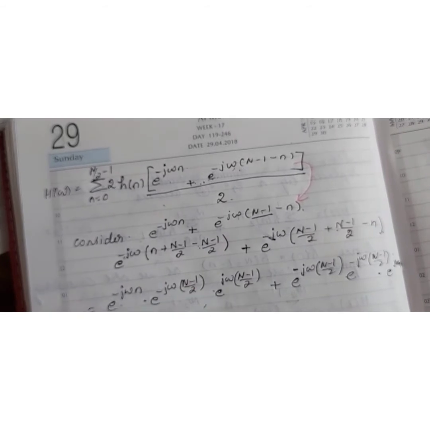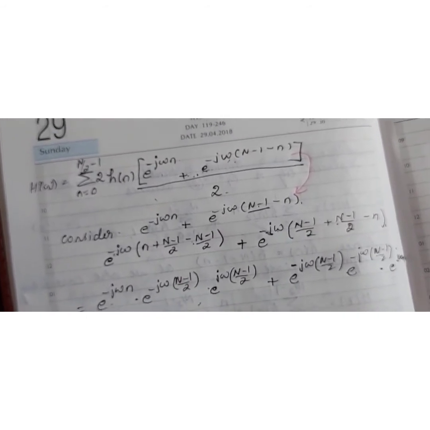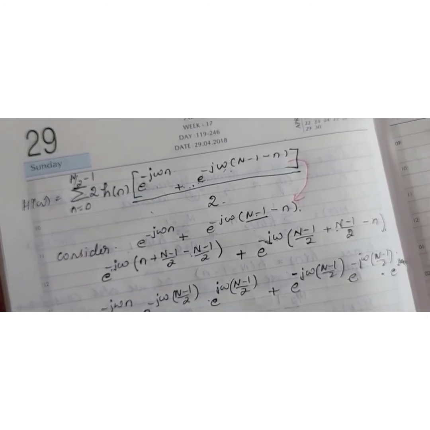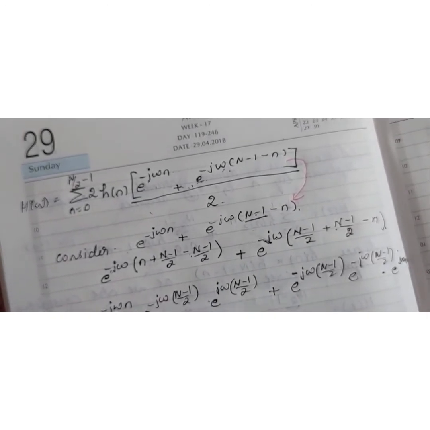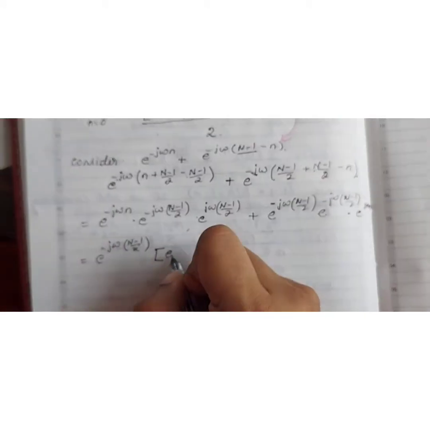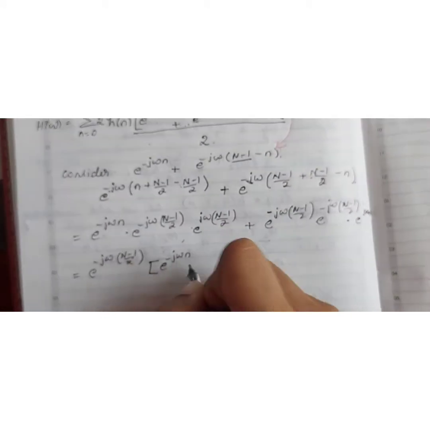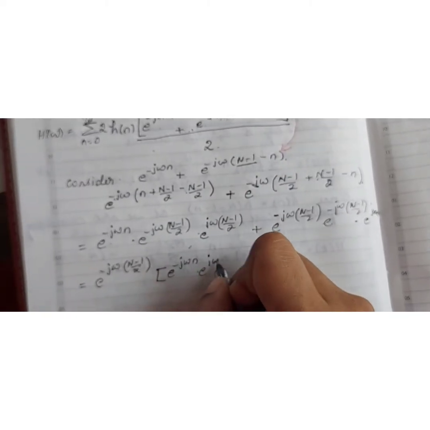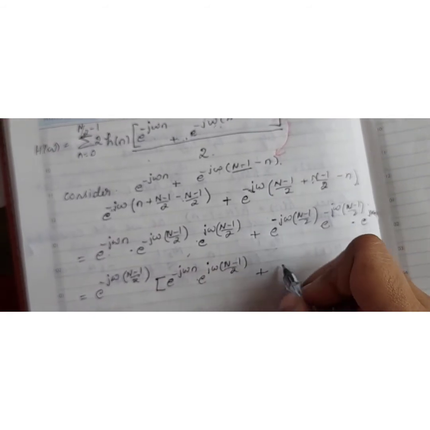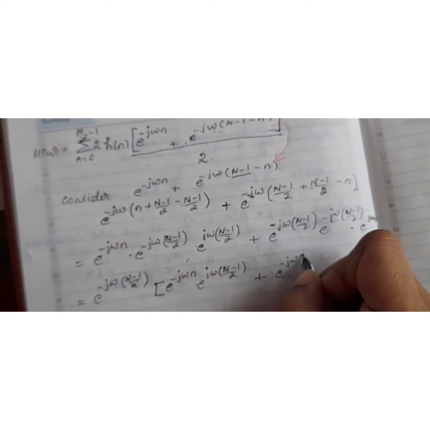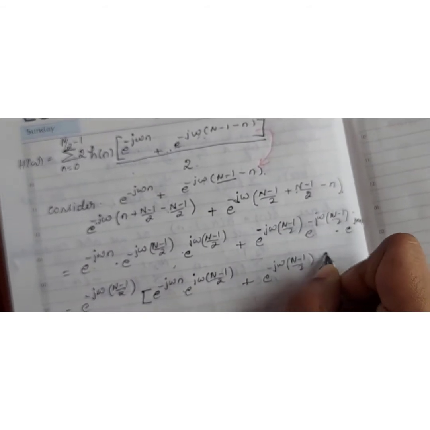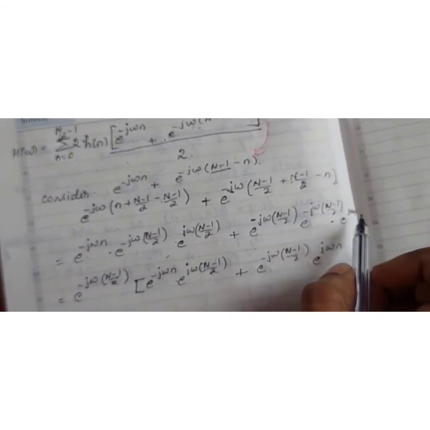So what happens to this? This becomes e power minus j omega (N minus 1) by 2, which I removed out. So I am left with e power minus j omega n into e power j omega (N minus 1) by 2, plus e power minus j omega (N minus 1) by 2 into e power j omega n.